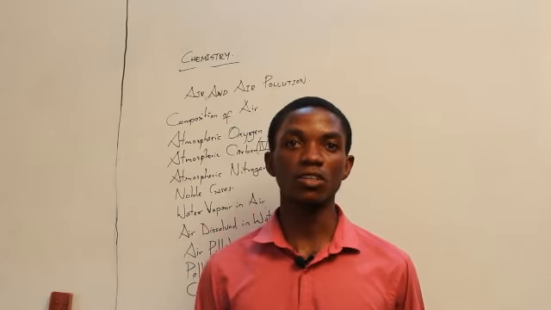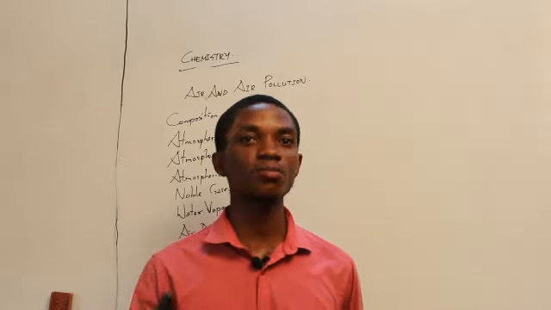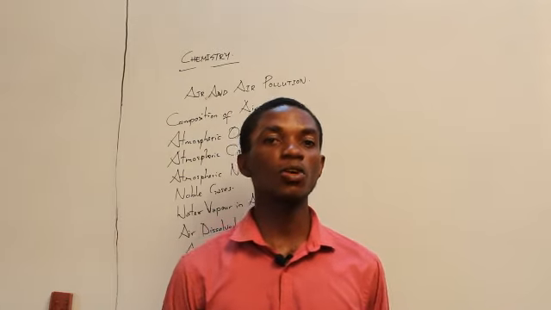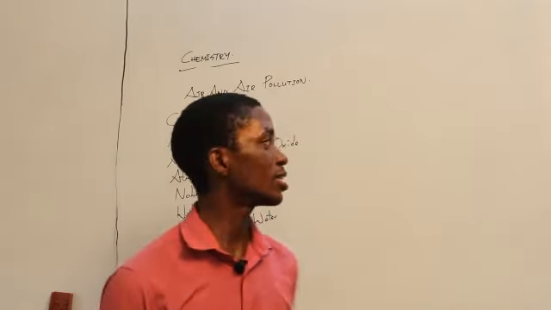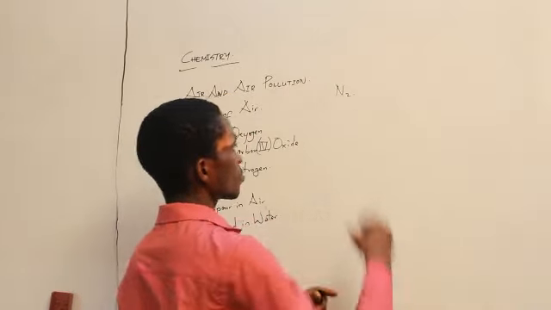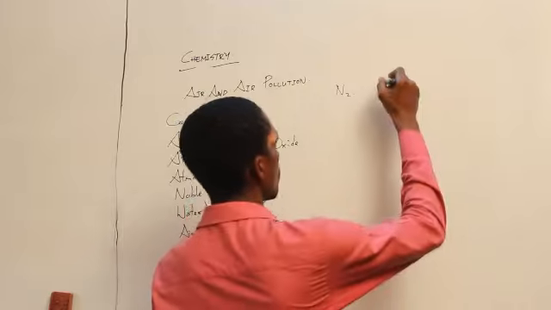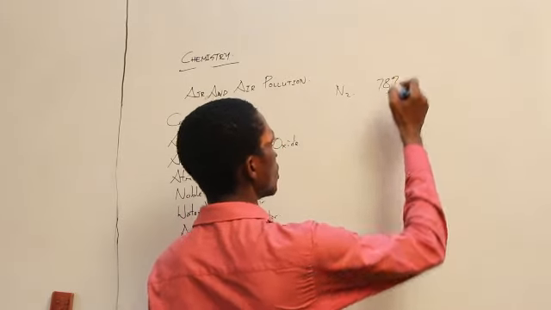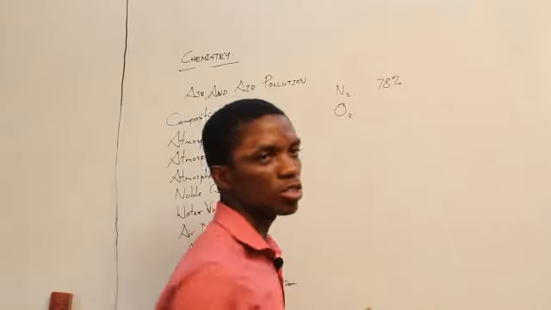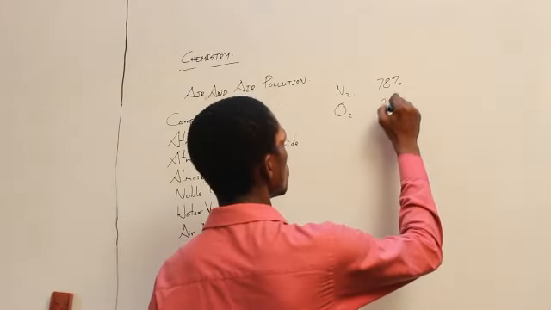Our air on the Earth is different from the kind of atmosphere they have in other planets. And our air on the Earth is composed of several components, such as nitrogen, having a constituent of about 78%. We also have oxygen, occupying just about 21%.